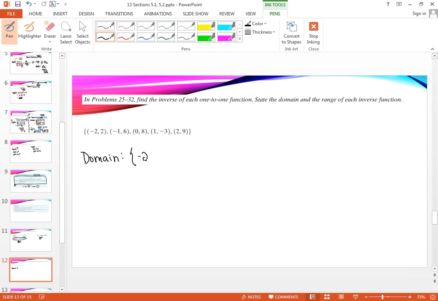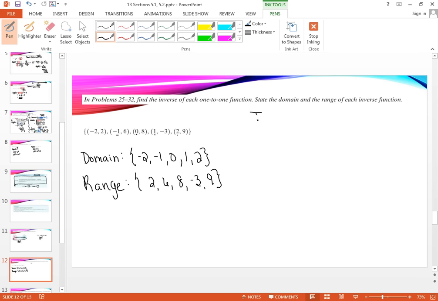So -2, -1, 0, 1, and 2. And then the range is going to be all the y values, 2, 6, 8, -3, 9. And yes, normally I put them in order, but you don't have to. For this, it's a little bit easier to keep them this way.